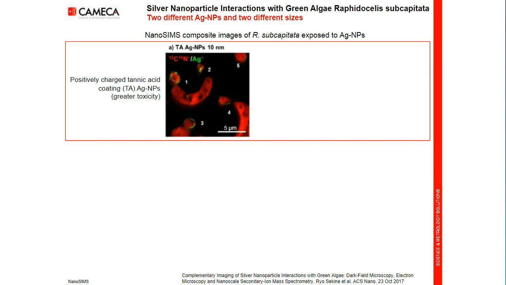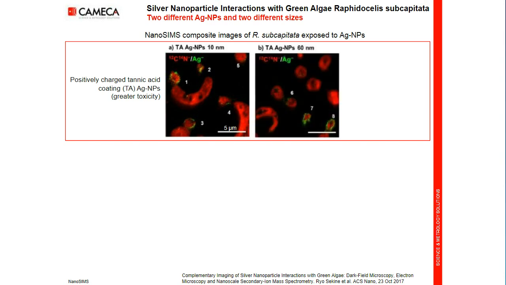So the smallest, 10 nanometer nanoparticle, tannic acid coating, and we see also at 60 nanometer size. In both cases, we see bright silver fringes around the cells, so on the surface of the cells, the external membrane. It is particularly evident in tannic acid silver nanoparticle exposed cells.